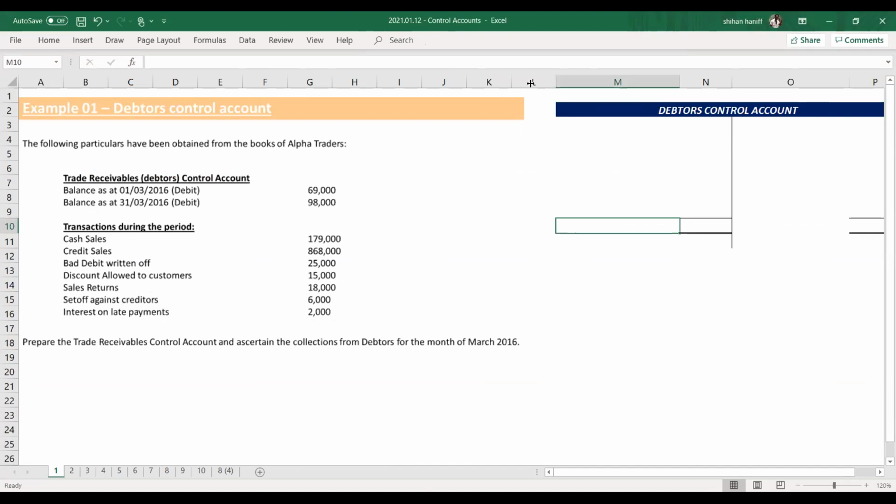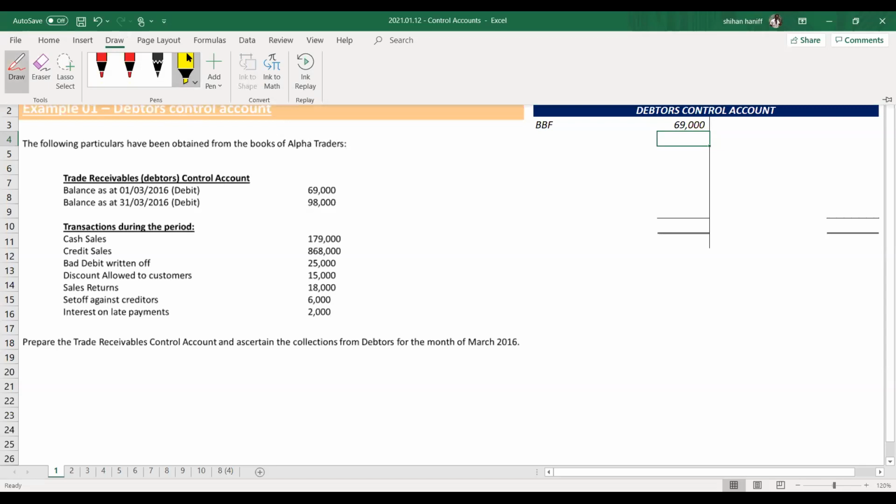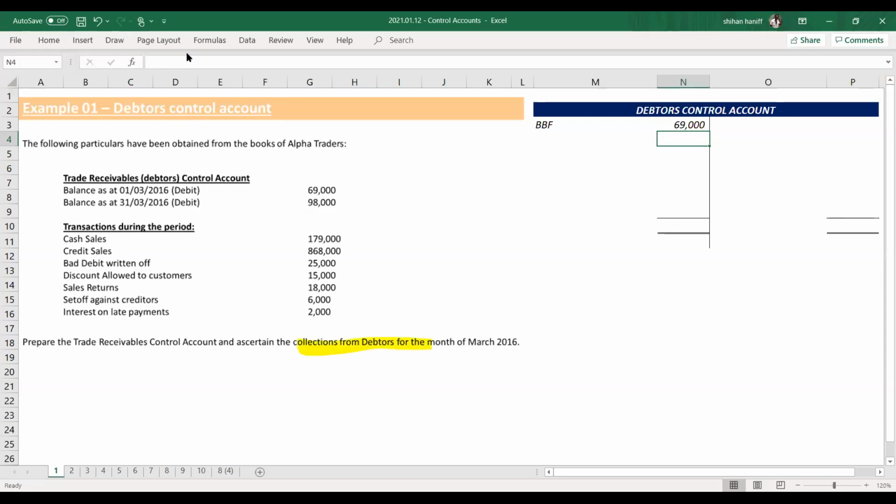Okay, so now you can do this. Debtors control account. Opening balance is 69,000. So once you are done, tell me the answer. What is the cash received from the debtors? Collections from the debtors. How much?